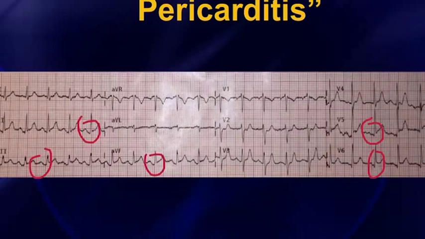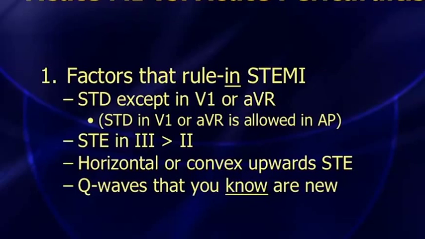Now let's go back through what we've talked about many times before in this video series. When you're trying to make the distinction between a STEMI versus acute pericarditis, I don't want you to look at the PR segments yet. What you need to do is take a look at some of the other findings on the 12-lead EKG, which would lead you to call this a STEMI first.